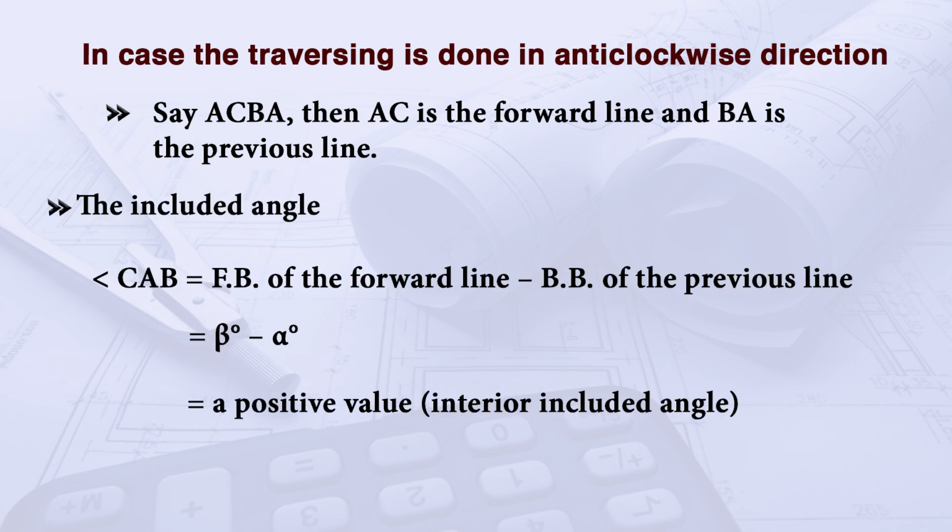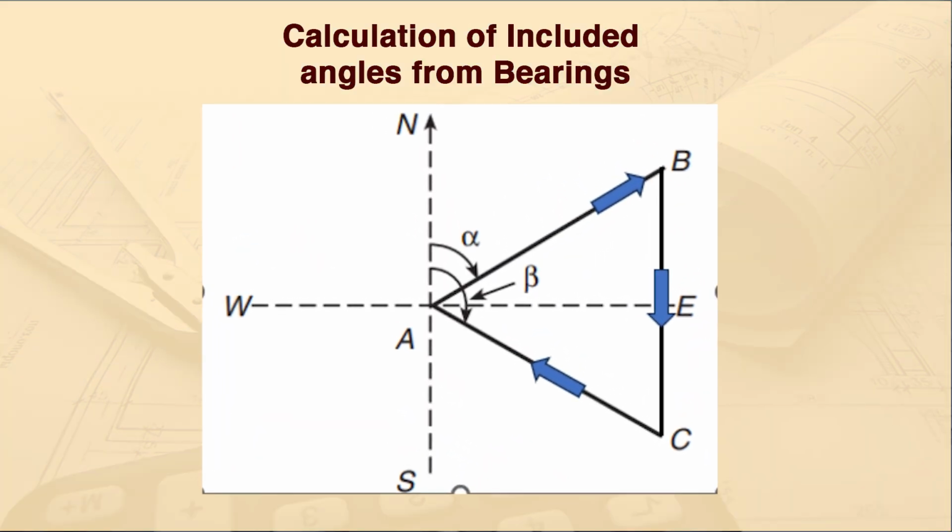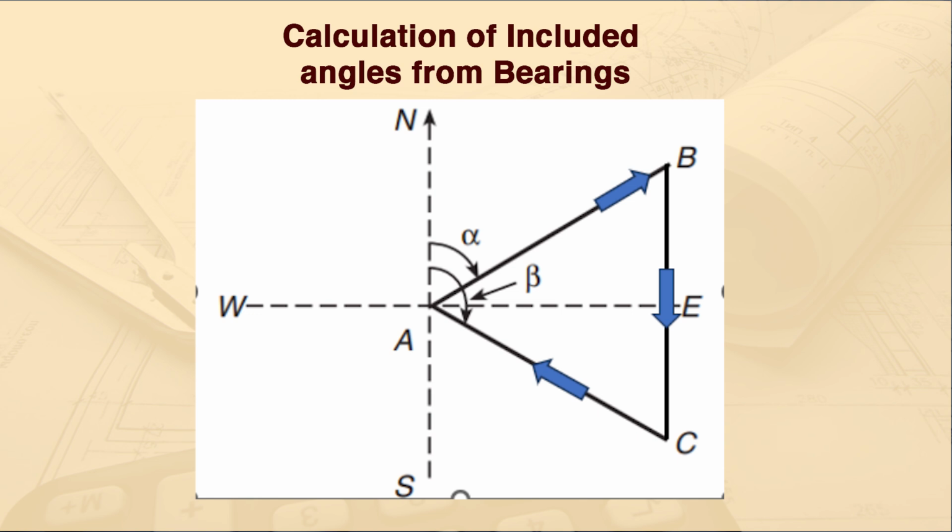So, the included angle CAB will be equal to the forebearing of the forward line minus the back bearing of the previous line. The forebearing of the forward line is beta and the back bearing of the previous line is alpha, and you can see from the figure it will give you a positive value, and it is the interior included angle as the traverse is running anti-clockwise in this case.